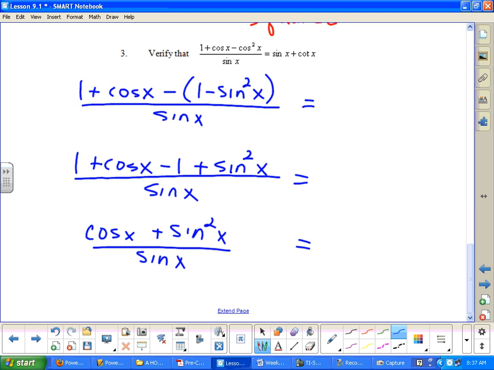And we're still looking at sine of x plus cotangent of x on the other side. Bring that down here. Well, that would just put us right back up here.